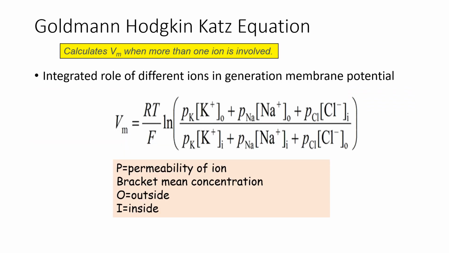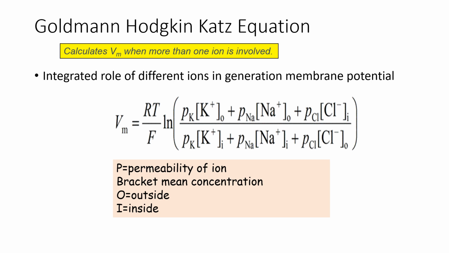So after getting the concept of diffusion potential for a particular ion in the Nernst equation, we come to the conclusion that since a cell membrane is permeable to different types of ion, a single ion cannot be held responsible for the resting membrane potential. It has to be an integrated role of different ions according to their permeability and the concentration gradient for the generation of membrane potential.